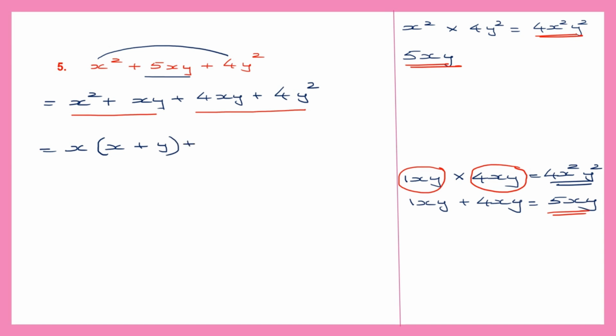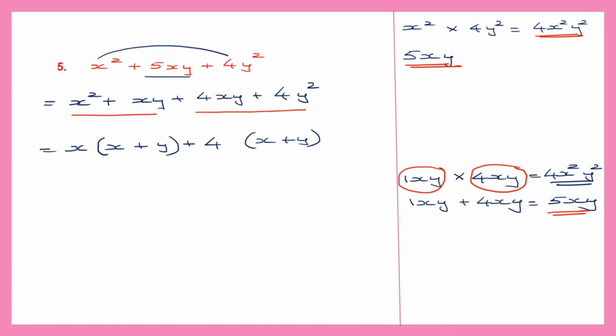Then here I need to get this x plus y inside, isn't it? So what is common here? I can take 4 out first. And let me put this x plus y inside because this is what I need to get. I need to get the same thing. So I put it here. Now 4xy, I have 4 here, x here. So what is left?